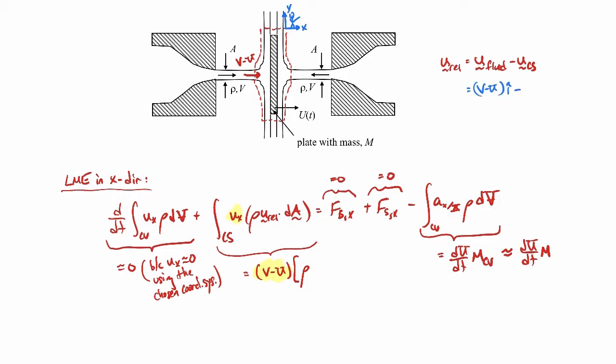And the velocity of the control surface, if we stand on the control surface, is just going to be 0. So the relative velocity is just v minus u i hat.